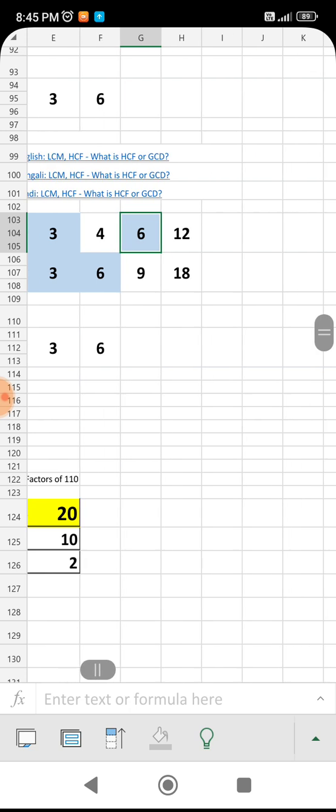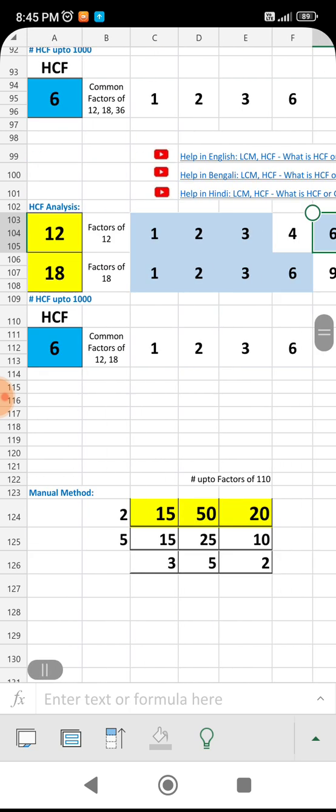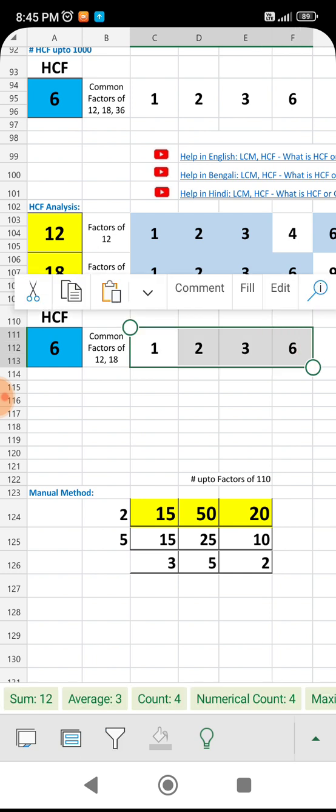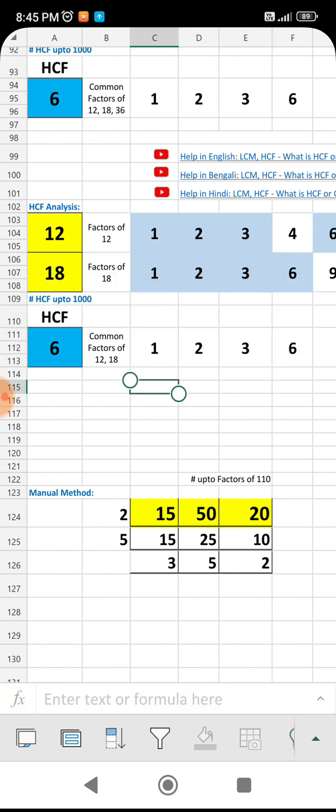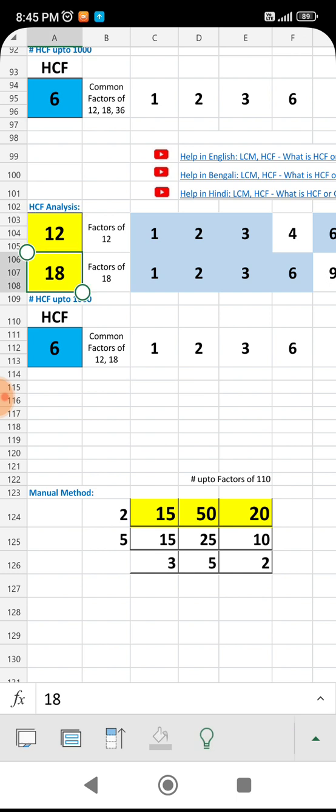No more is common. So these are the common factors. 12 and 18 both are divisible by these numbers.